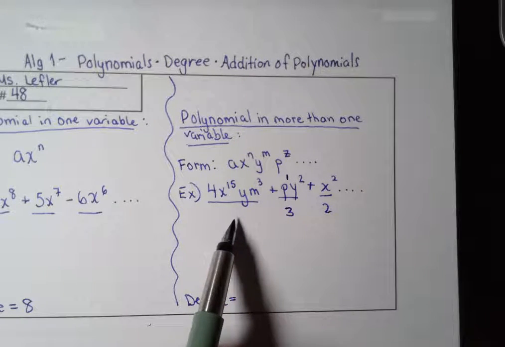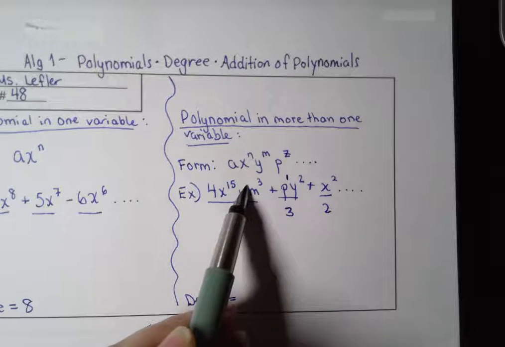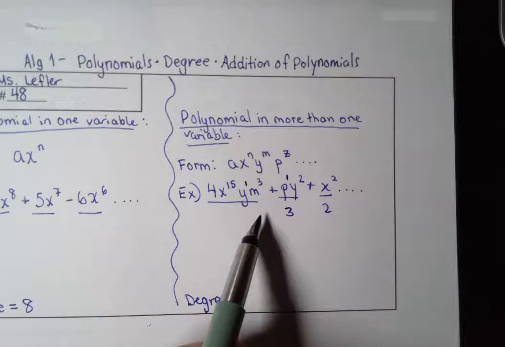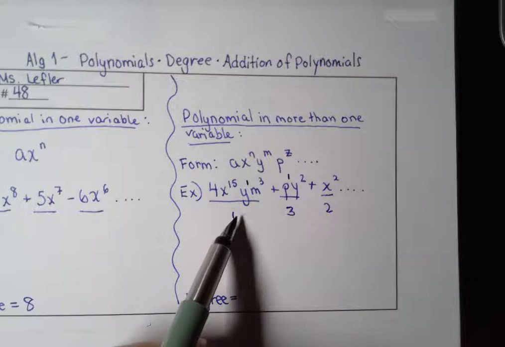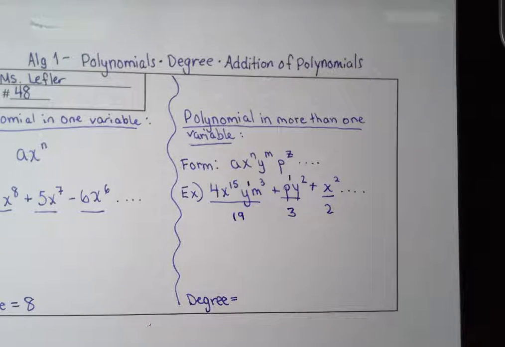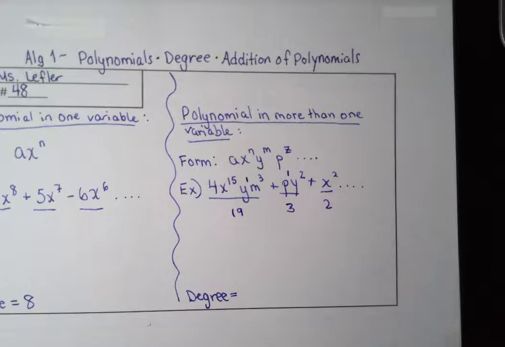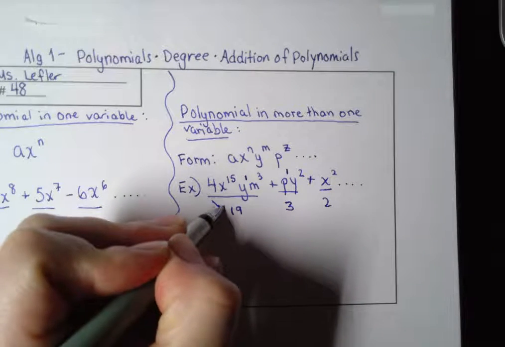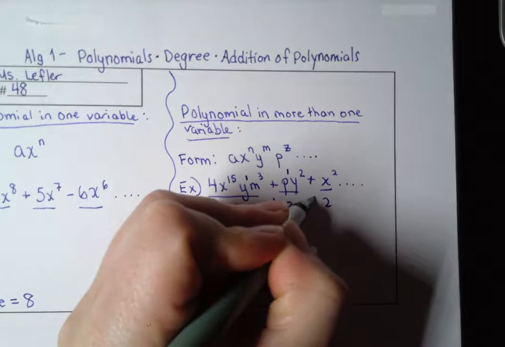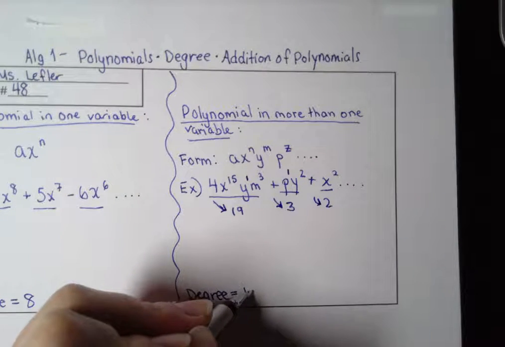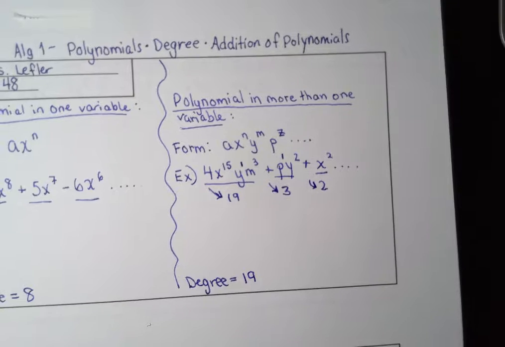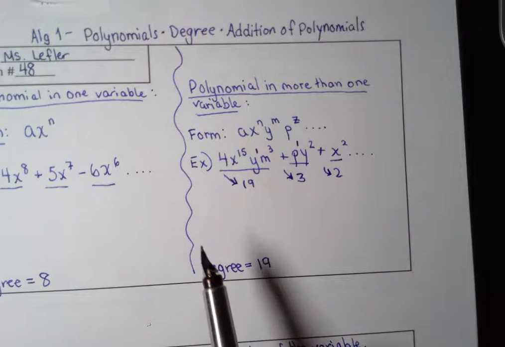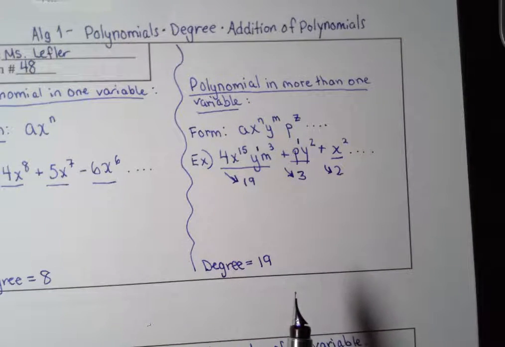The degree of the first term would be 15 plus 1 plus 3, which would be 19. So this would be the term with the highest degree. These are all degrees of each term. The highest degree would be the degree of the whole polynomial. So the degree of this polynomial so far is 19.